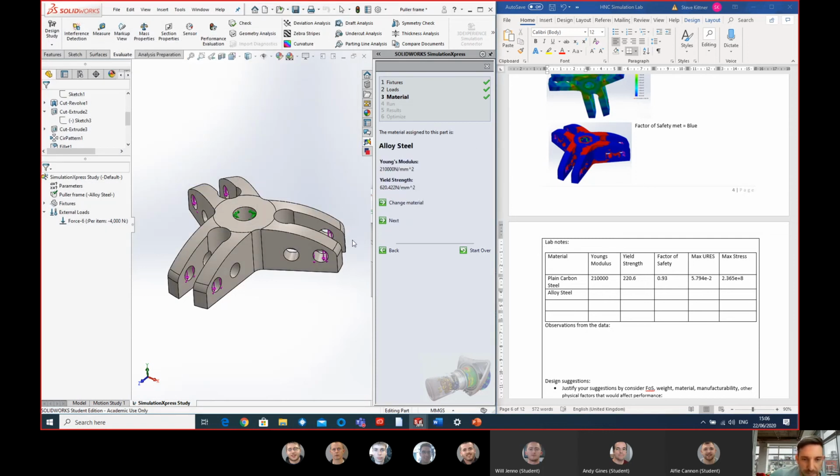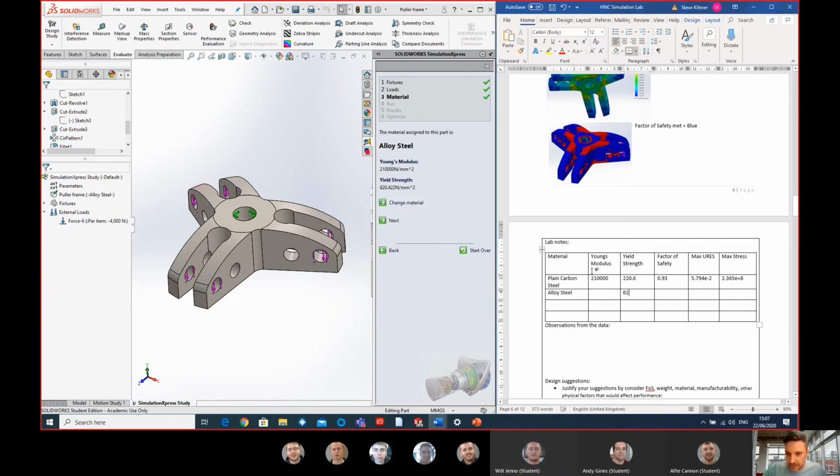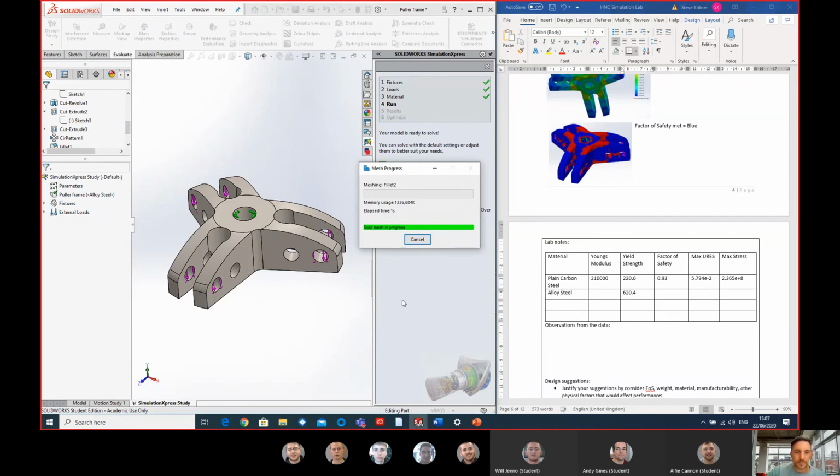Right. Okay, so Young's modulus, same. 6, 2. 0.4, and let's see what this does.